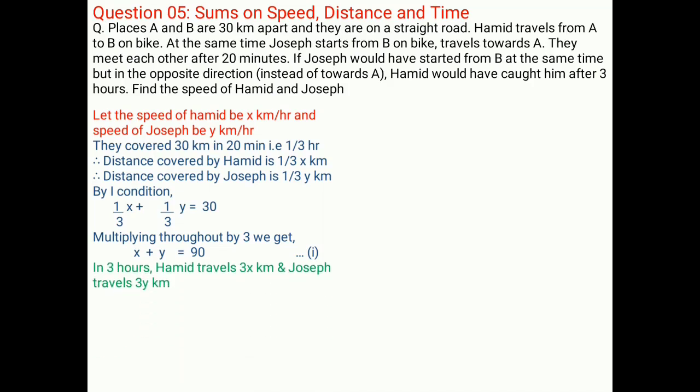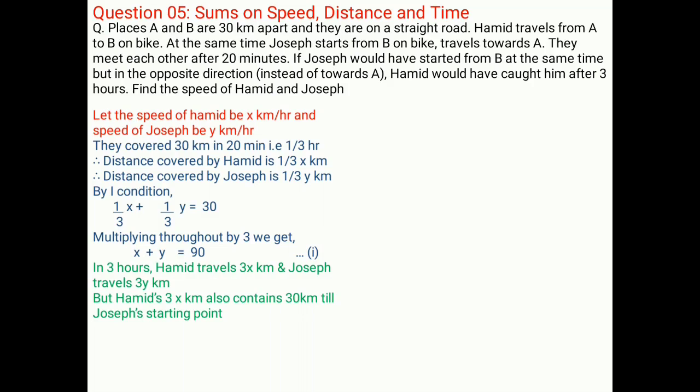In 3 hours, Hamid would travel 3 times his speed, which is 3x kilometers, and Joseph would travel 3 times his speed, which is 3y kilometers. But Hamid's 3x kilometers will contain the 30 kilometers that he previously traveled in the first condition.